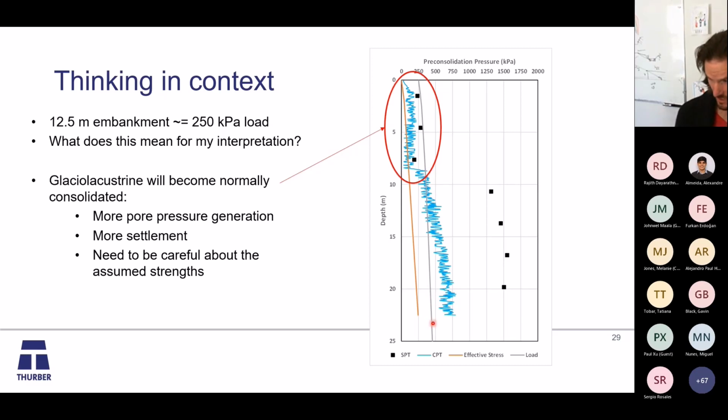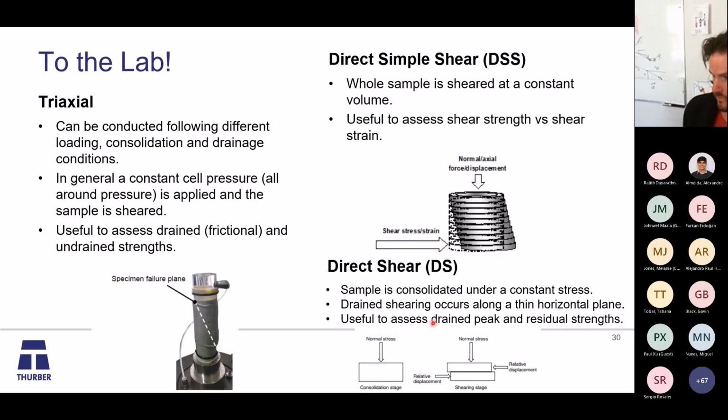The gray line is the load, so that's the effective stress plus the load. What this is saying is that the glacial clay unit will become normally consolidated when I build this embankment, which means I should have more pore pressure generation and more settlement. I need to be careful about my assumed strengths. So this is probably a good time to introduce some more advanced lab testing.